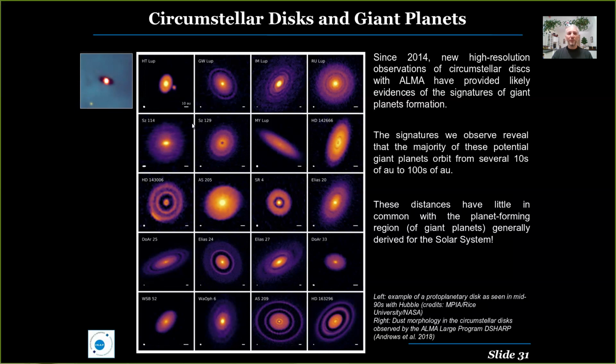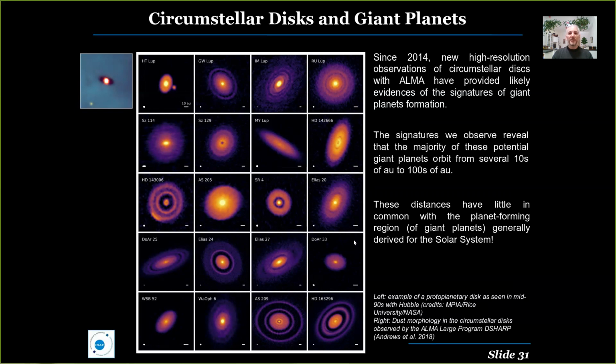However, if you look at the bottom of each tile of the mosaic, you will see there is a small white bar that represents the scale of 10 astronomical units in that specific image. And as you can see, in most of the disks, the features associated with the presence of possible giant planets are much farther away than what we see in the solar system. They go from several tens to hundreds of astronomical units from the star.